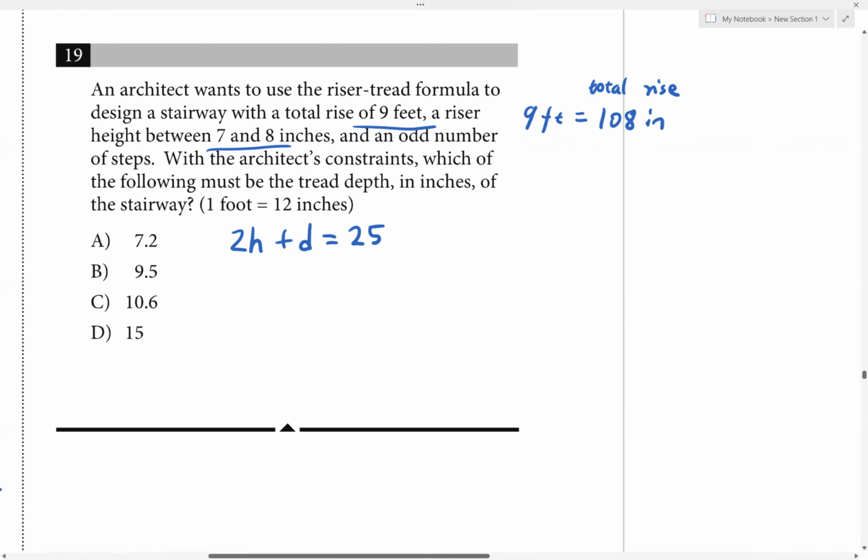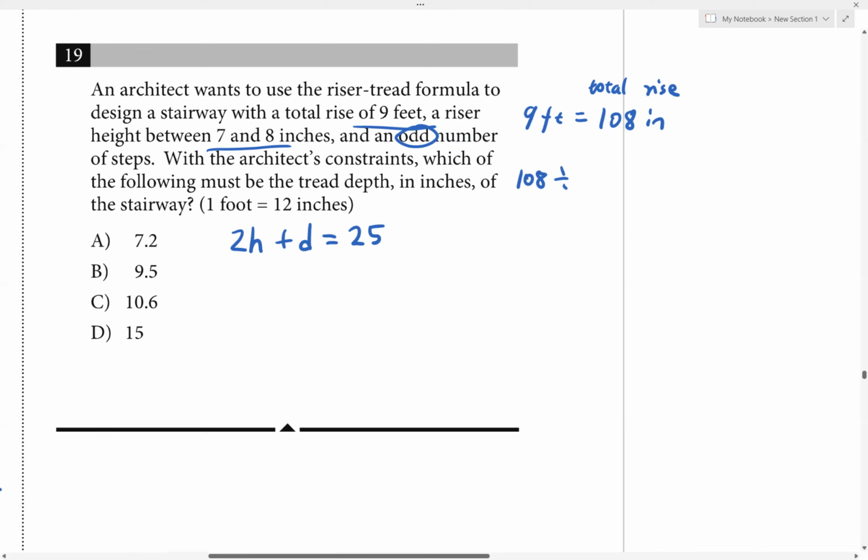To figure out exactly what the riser height is, we can do trial and error. The riser height should be between 7 and 8, and we have an odd number of steps. So we can take the total rise, 108 inches, and divide by some odd number and see if we get a number between 7 and 8.